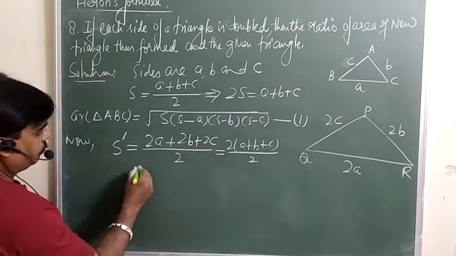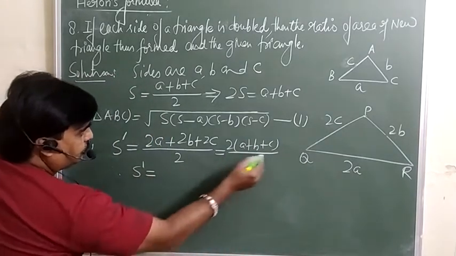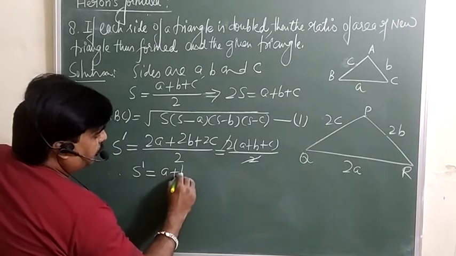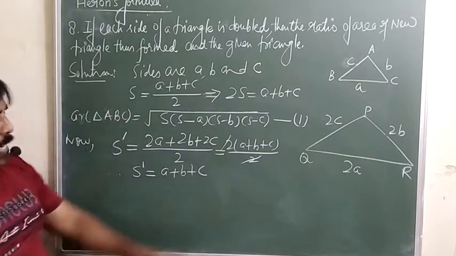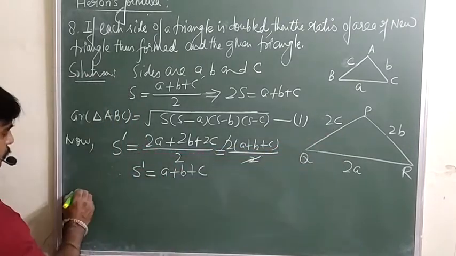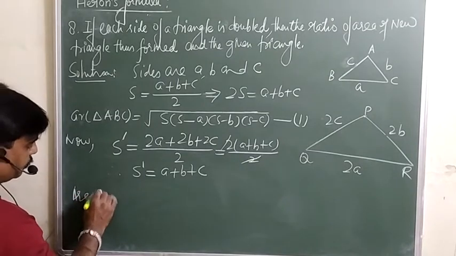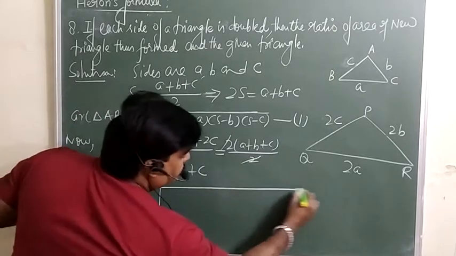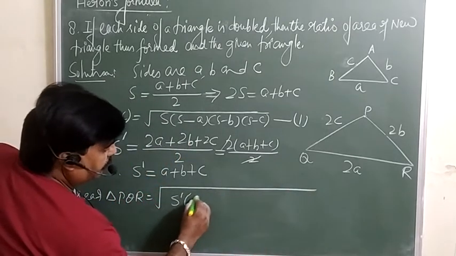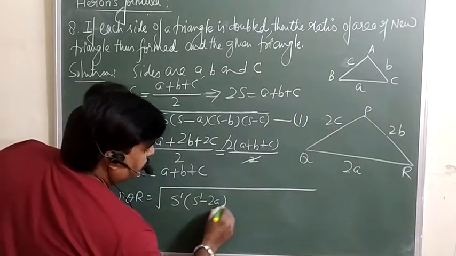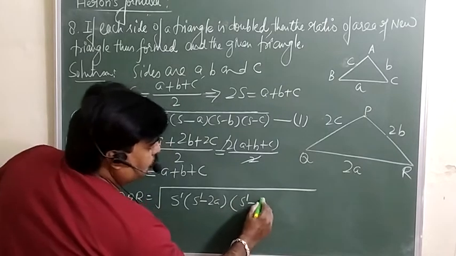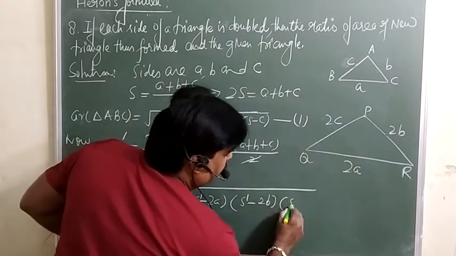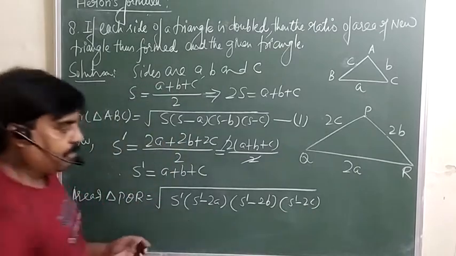Therefore S dash is equal to A plus B plus C. Now the area of triangle PQR will be equal to the square root of S dash, S dash minus 2A, S dash minus 2B, S dash minus 2C, as usual.